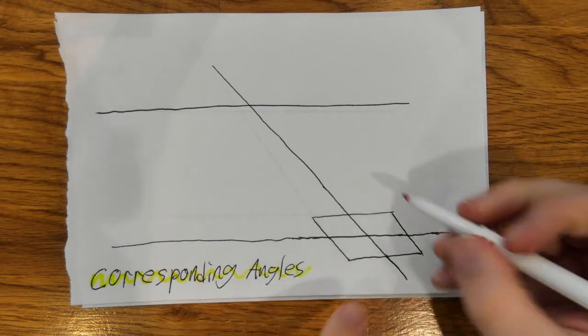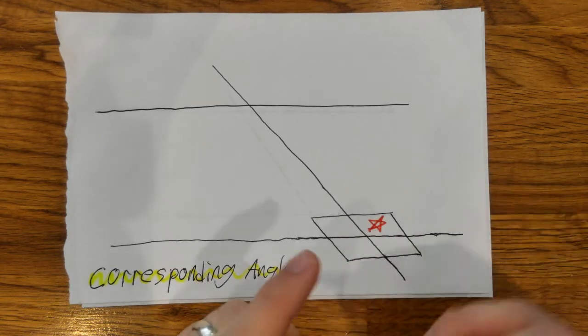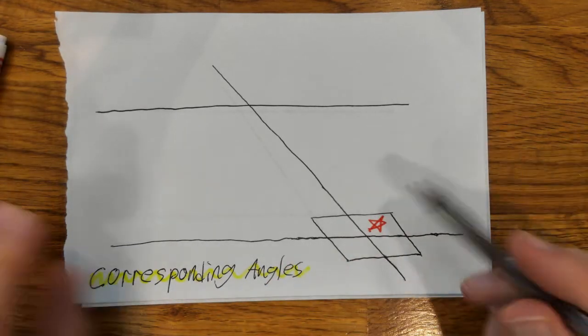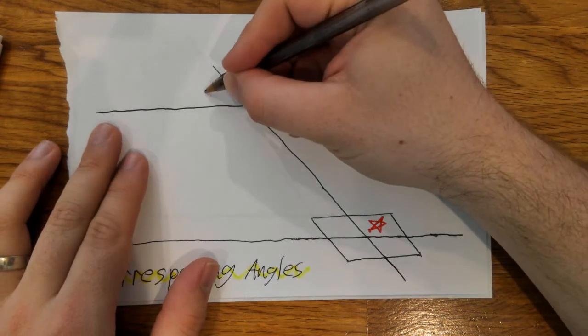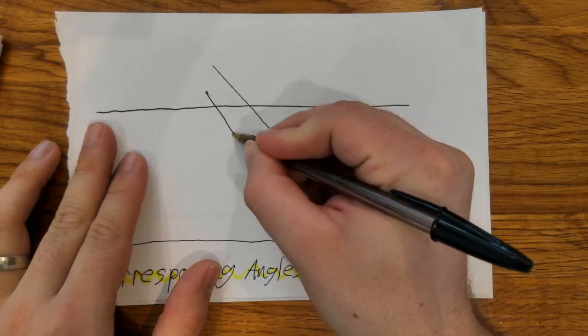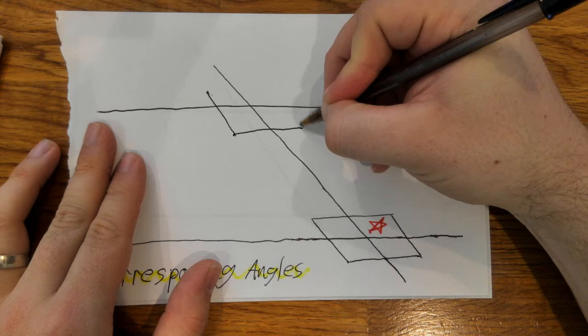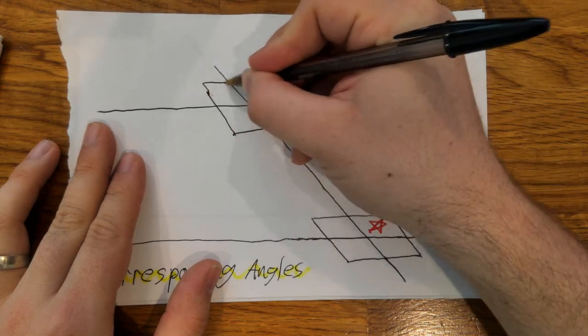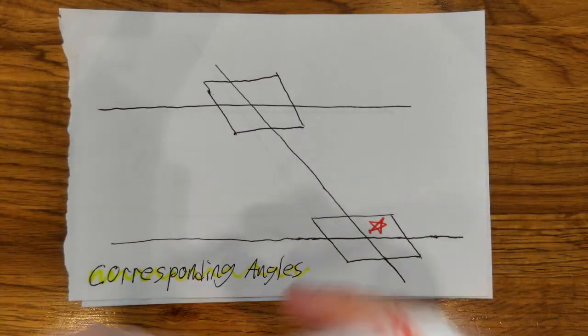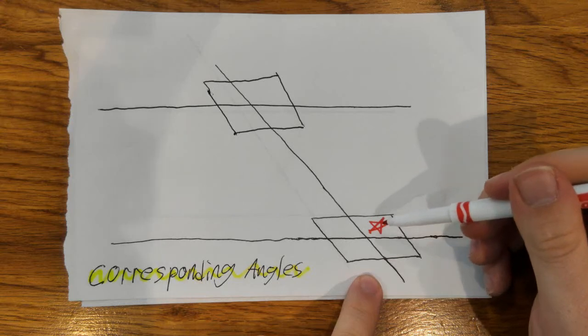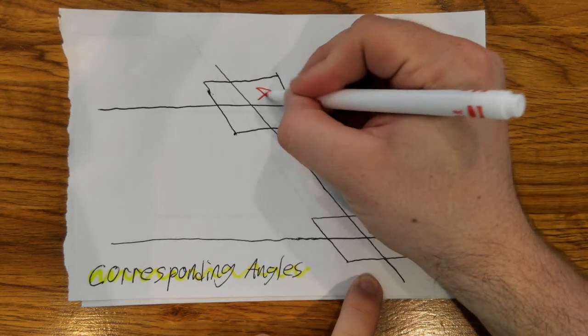So let's take this angle right here. If I think of this square as being up here as well, then the spot here, its corresponding angle would be here.